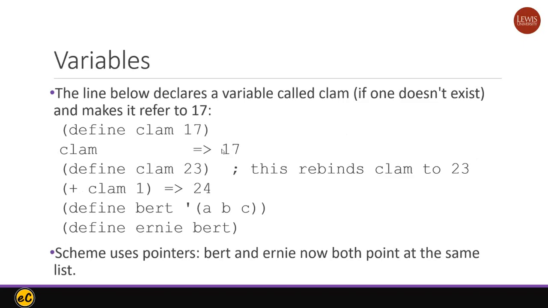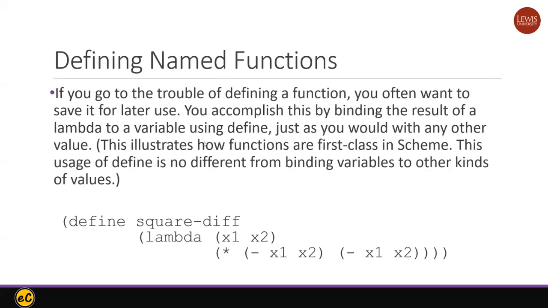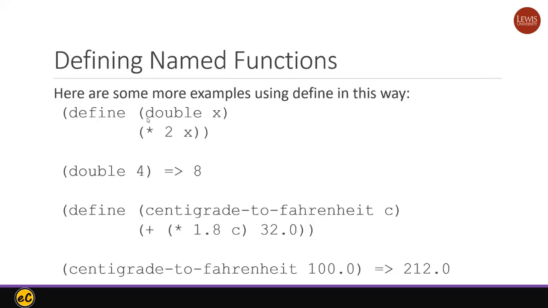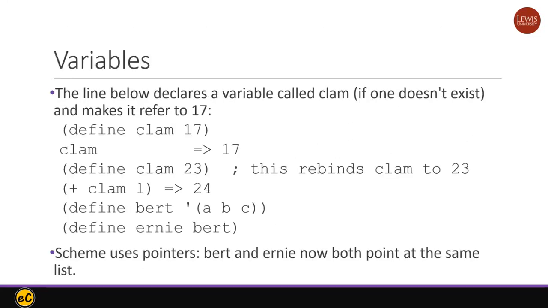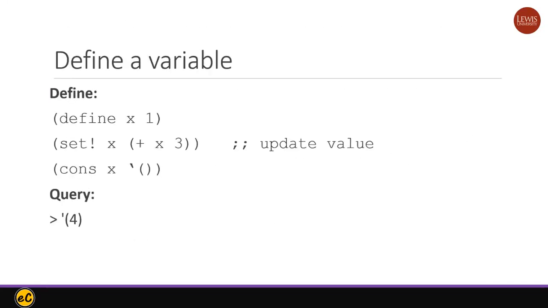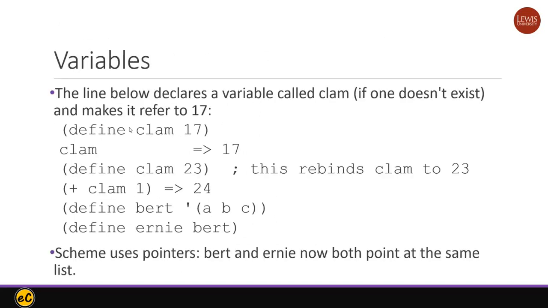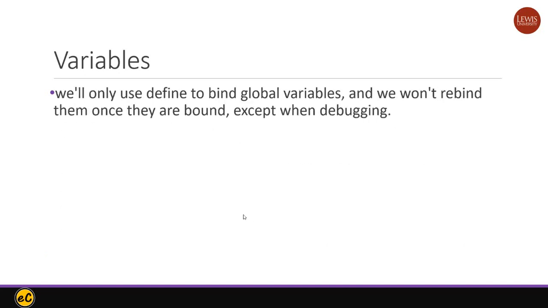We haven't talked about functions yet. We are coming to talk about defining functions, coming soon. At this moment, we are dealing with the variable. So define clam 17, so clam will be 17. I think these are easy.